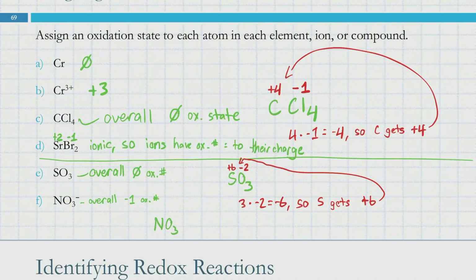So NO3-, our oxygen gets the -2 that it likes. 3 times -2 equals -6. Our overall is -1. So what value do we need to add to -6 to get to -1?